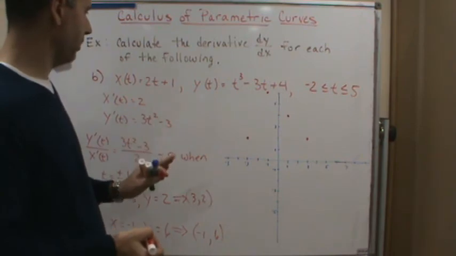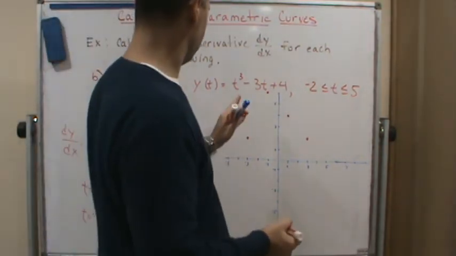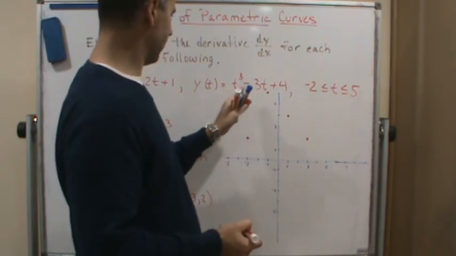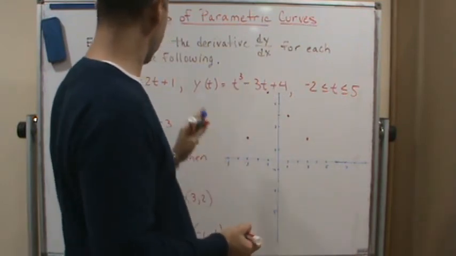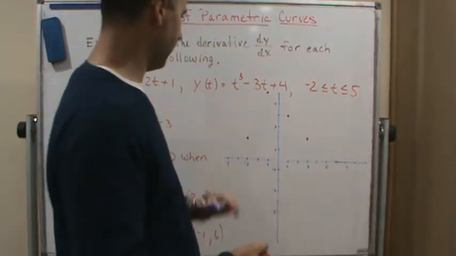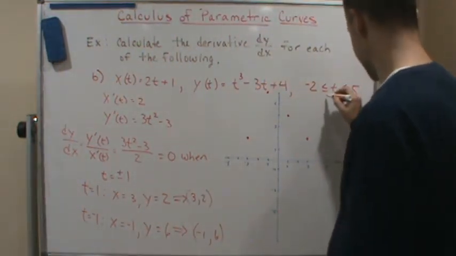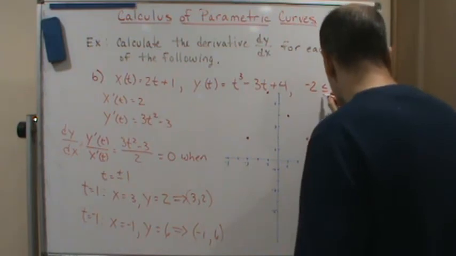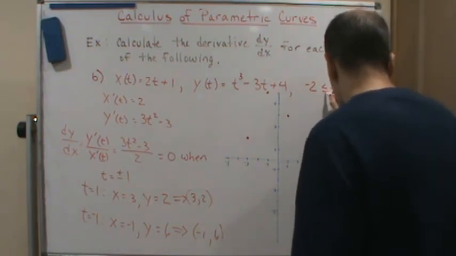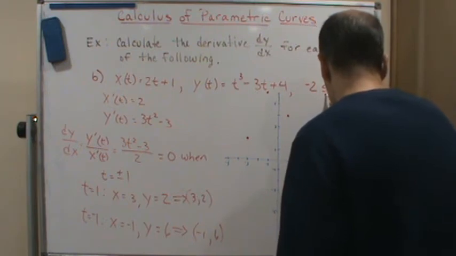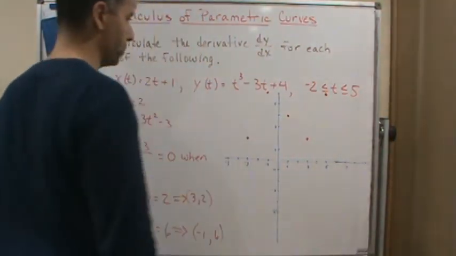We get 5 for x, and for y, 8 minus 6 plus 4, which is 6. So we get (5, 6). So 5 comma 6 is about right there.